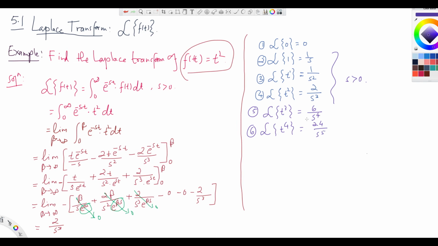Okay, now how can I generalize this? Here all the exponents are integers, right? So if the exponent is a positive integer, then the Laplace transform of t to the n is basically n factorial over s to the n plus 1.